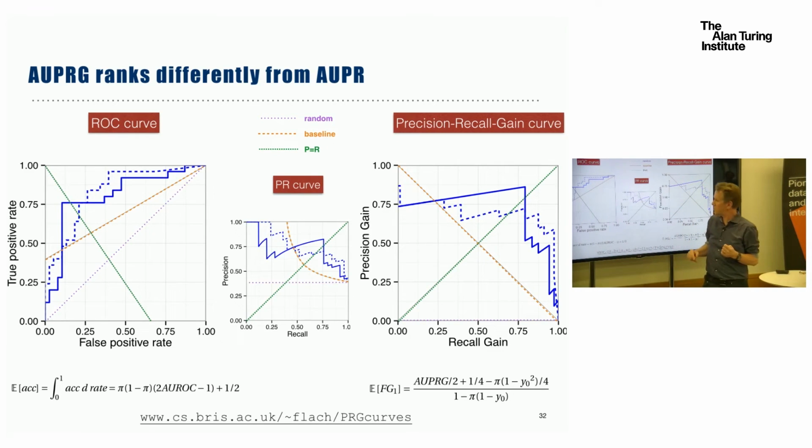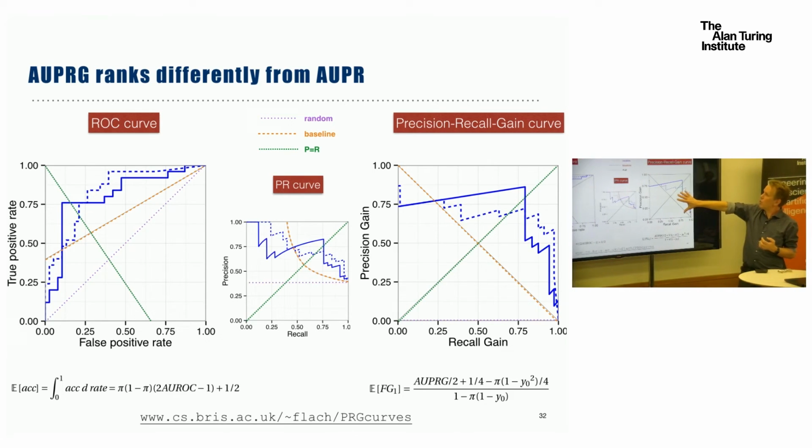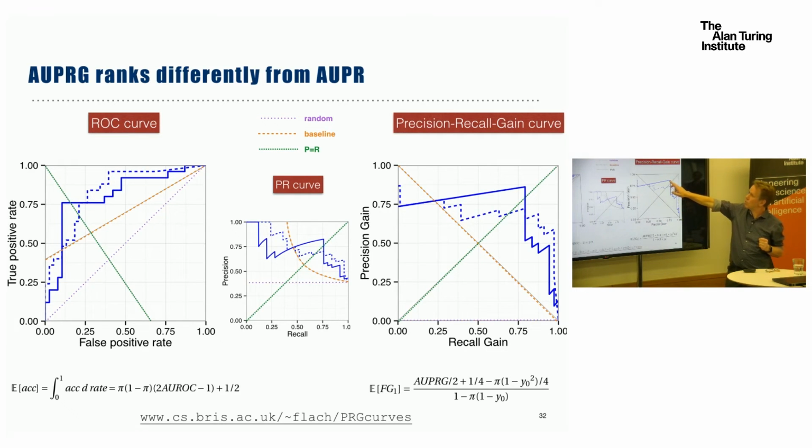So if you optimize for AUC, you would choose the dotted line. If you optimize for area under the precision recall curve, you would still use the dotted line. If you optimize for area under the precision recall gain curve, then you would choose the solid line. And why is that? Because actually a lot of the advantage of the dotted line is at low recall.